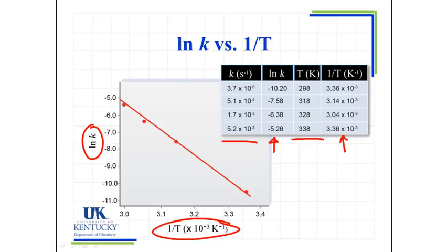Once you have that line, you could take two values off of it and do a change in y over a change in x to get the slope. We know that the slope is equal to negative E sub A over R, and you could then obtain the activation energy.